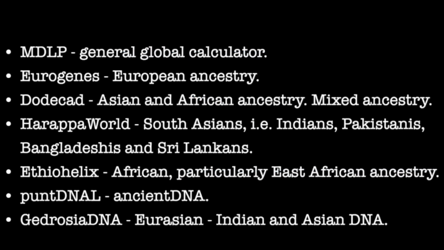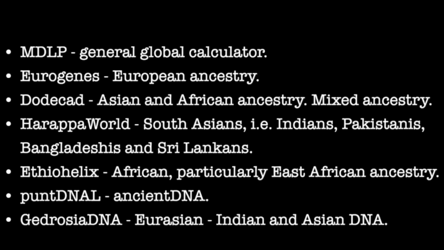MDLP, that's for the general global calculation. All of them calculate their thing, they project differently. The Eurogenes, that's mostly for the Europeans. DodecAD, that is for Asians, African ancestries, mixed ancestry.